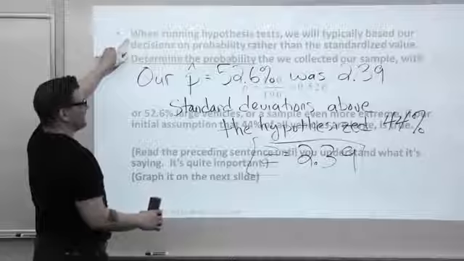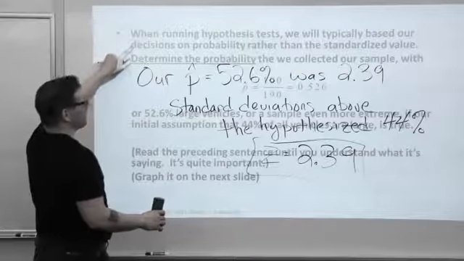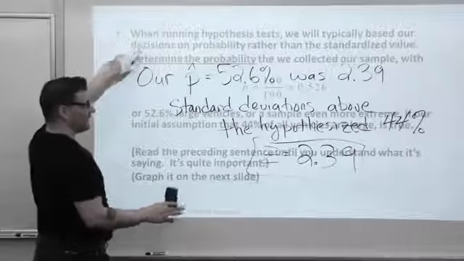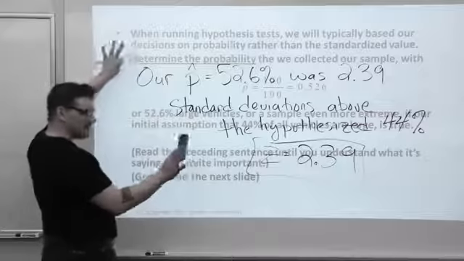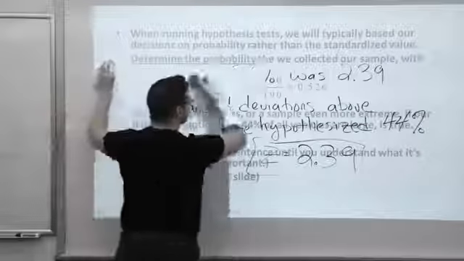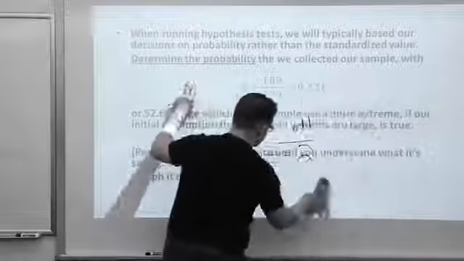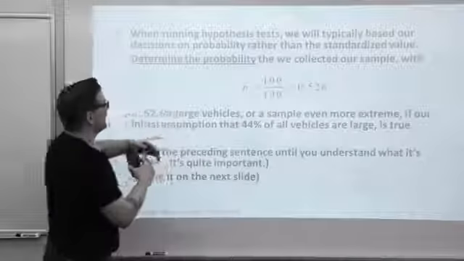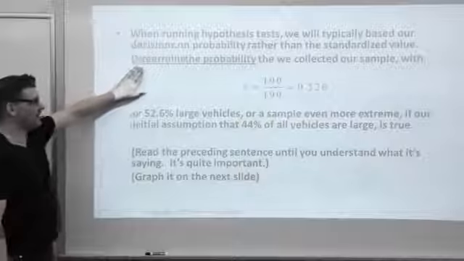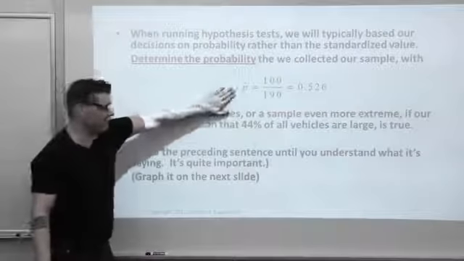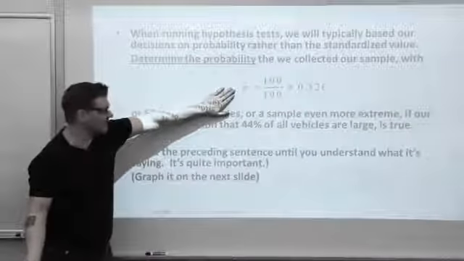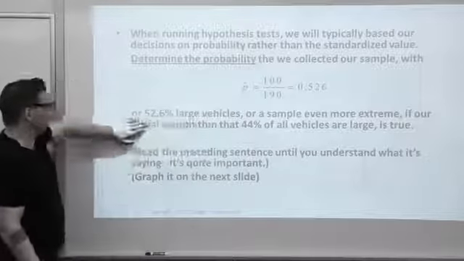When running hypothesis tests, typically we'll base our decisions on a probability rather than a standardized value. We're at the standardized value now. We need to switch over. Determine the probability that we collected our sample. Here's what we got. Sent the students out to the parking lot. 52.6%.